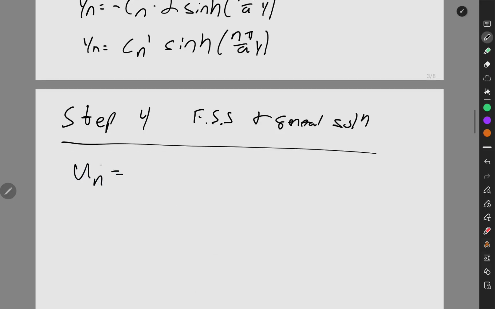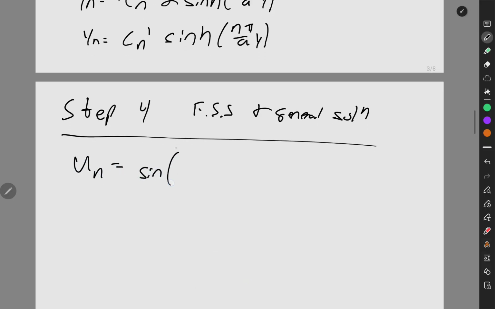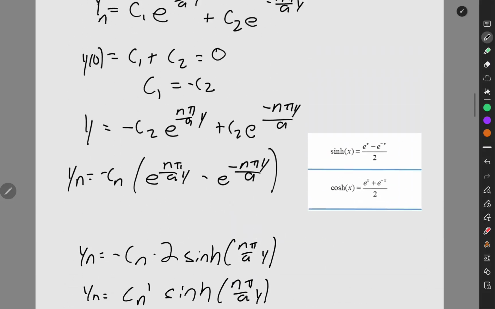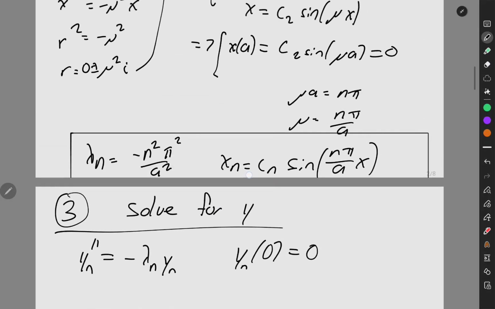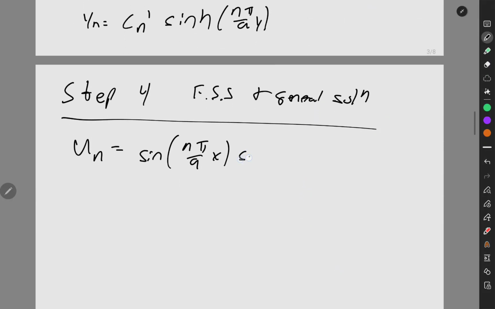U sub n is sine n pi over a times x, because the other one was x of n. Yep. And then we have hyperbolic sine n pi over a times y. Then we can write, sorry, this is the general solution.